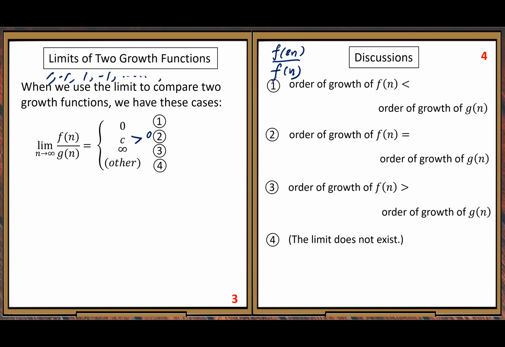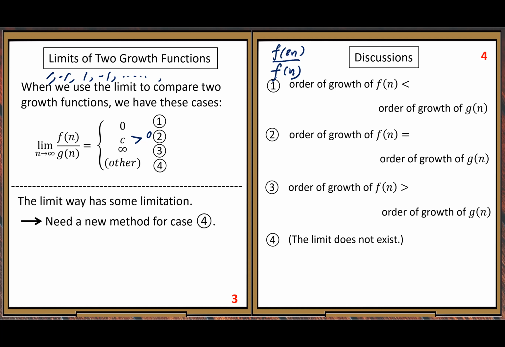It does not exist, so the limit calculation method will give us a problem. We have to consider a different method in that situation. So we need a new method for case number 4.